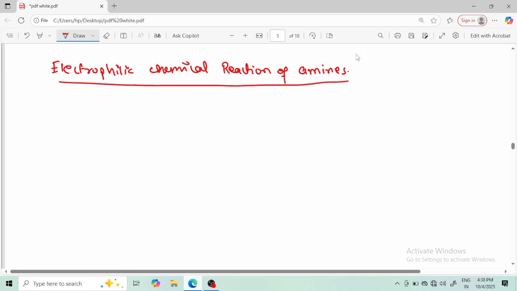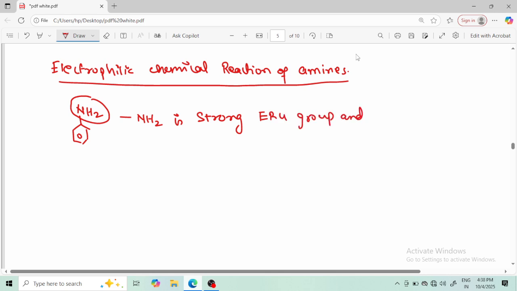So under electrophilic chemical reaction of amines, you know that this NH2 is a strong ERG group and produces ortho and para product.